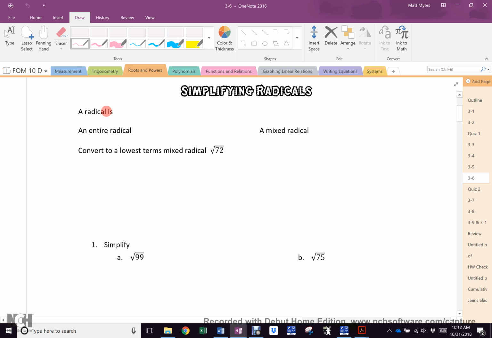A radical is an expression containing that symbol. Now there's something else that symbol should have there, yes? What is missing from this symbol as I've drawn it? The little number.